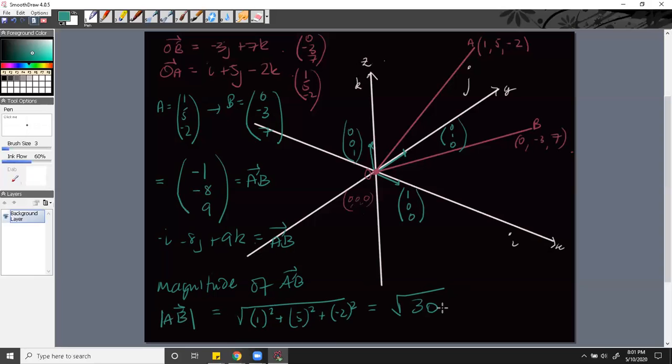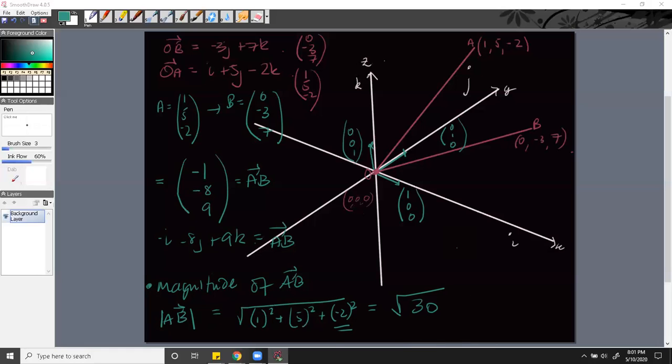Okay, so the magnitude is exactly the same as in 2D, except you've got this third value here that you're going to work out. Okay, so that's basically ijk notation, vectors in 3D, and how to work out the magnitude of a vector in 3D.